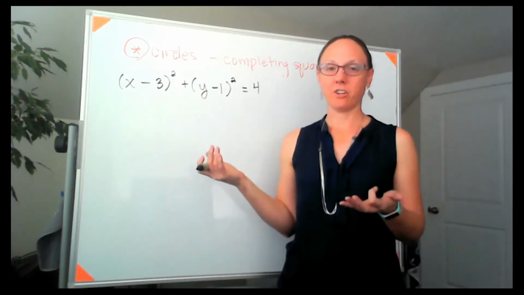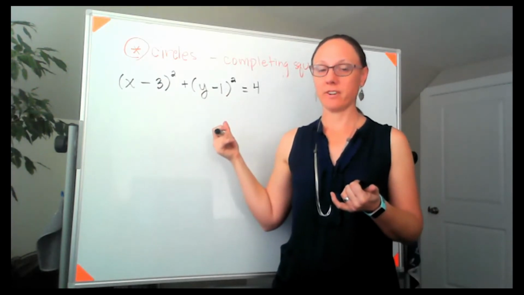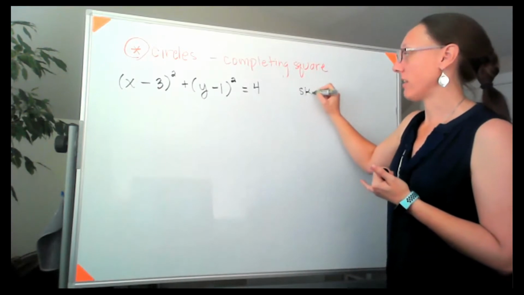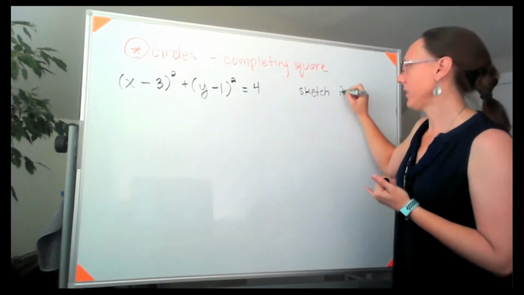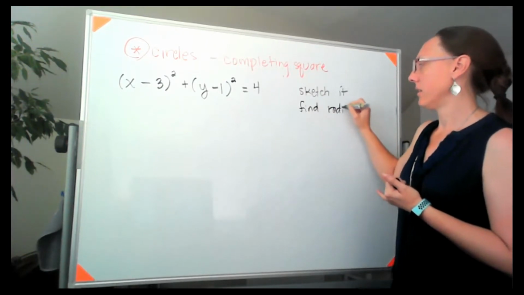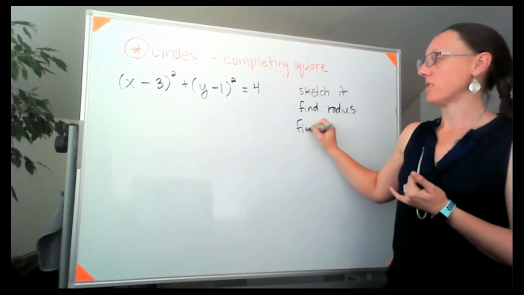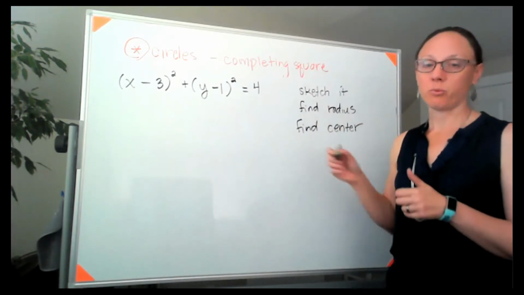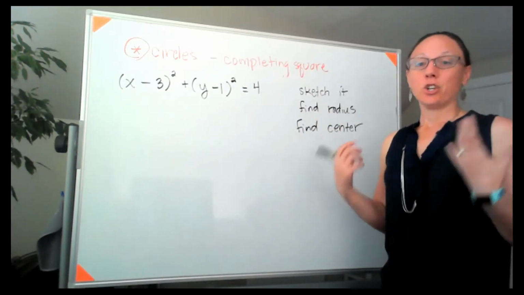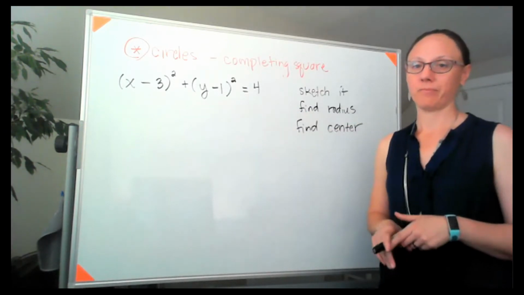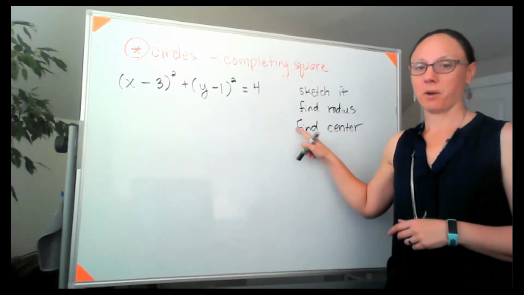So if I handed you this equation for a circle, and I asked you to sketch it, or find the radius, or find the center, all three of these should come pretty quickly from looking at the equation. I'm going to start from the bottom up.